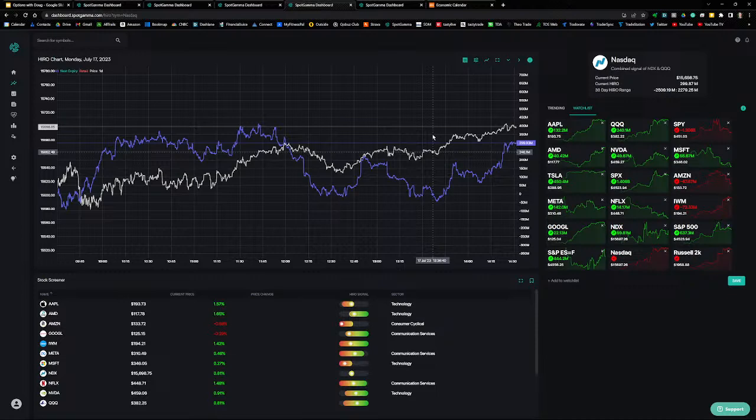I think the best thing, again, is to look at that combo chart if you want to get a sense of why it is at a certain level. But again, that's something that I don't have time to investigate in the morning, so I just take Spotgamma at their word.